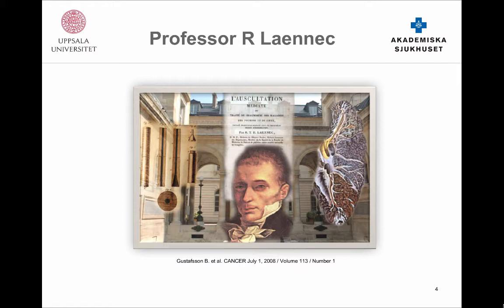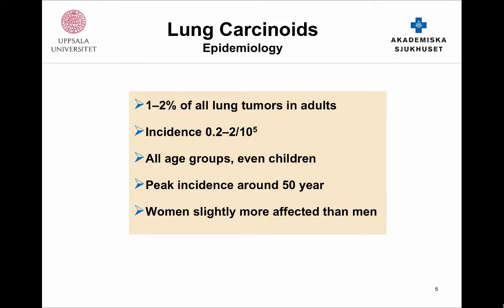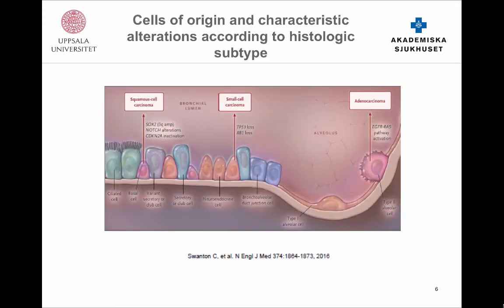So he was quite an active pathologist. Again, 1 to 2% of all lung malignancies in adults are lung carcinoids. And you have also seen the figures that women are slightly more affected than men, as we heard, and the peak incidence is around 50 years.